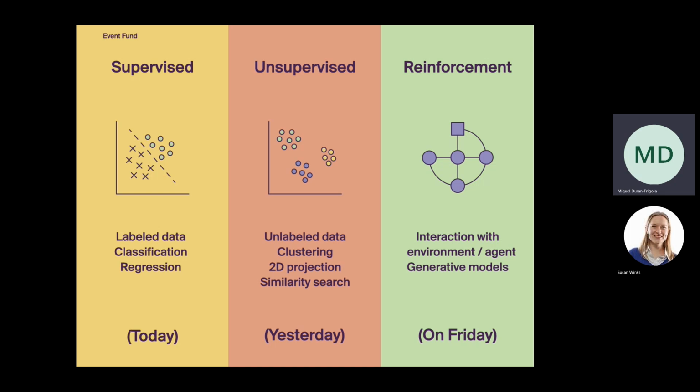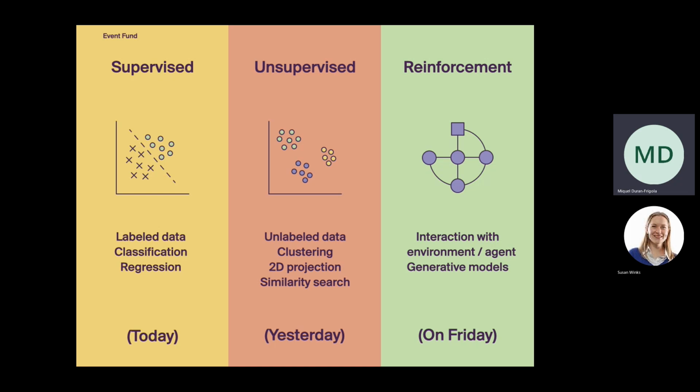Yesterday, Jason very nicely explained another set of algorithms that are called, broadly speaking, unsupervised machine learning algorithms. I think that the most popular methods in this family are clustering methods, where you try to discover families or groups of entities, in this case compounds that look alike, and 2D projections, where you try to go from a very complex representation of, for instance, a compound to something that you can actually visualize.